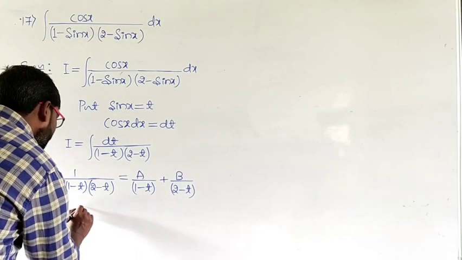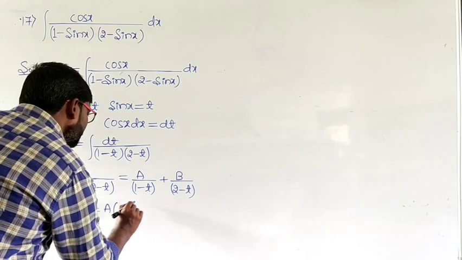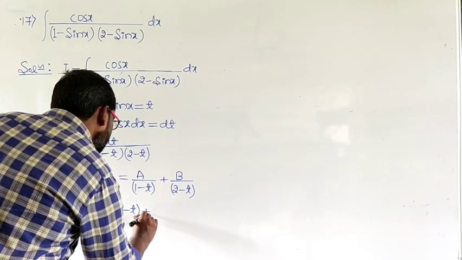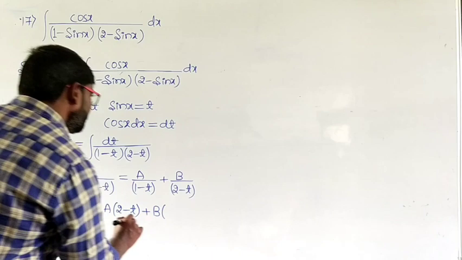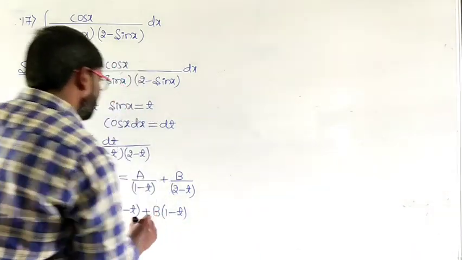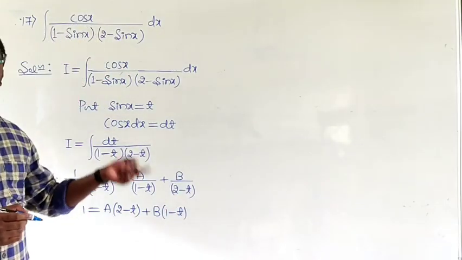So here 1 which is equals to a into 2 minus t plus b into 1 minus t.